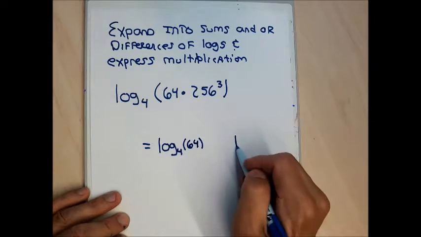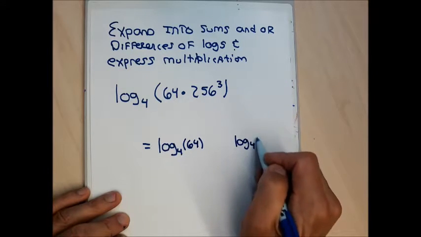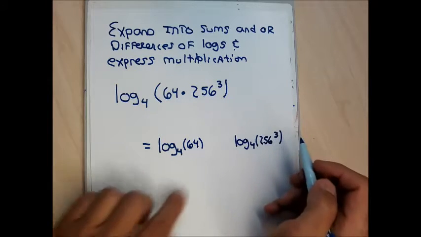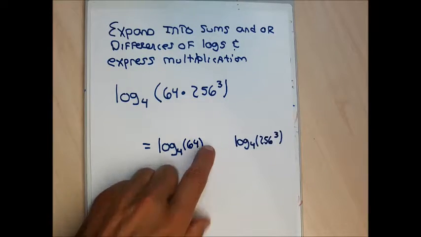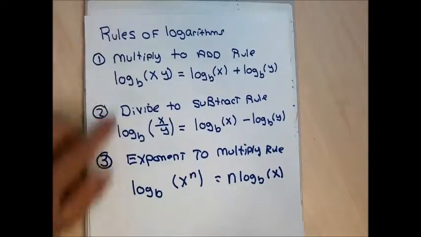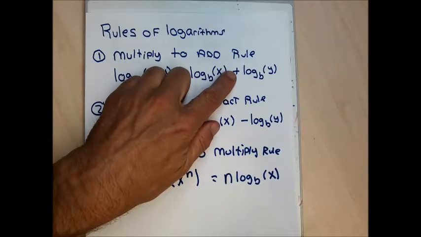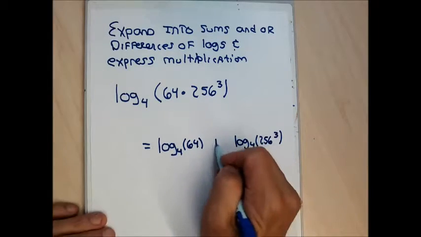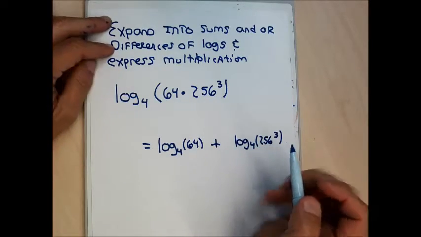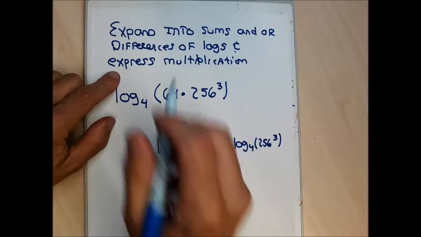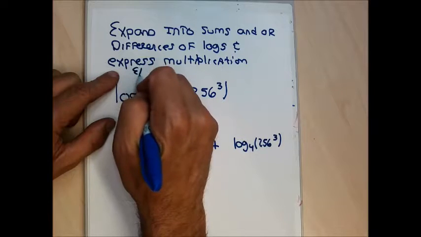I need a second logarithm, base 4 for the 256 cubed. I have to decide whether I put a plus or minus sign between the logs, and this one doesn't have a division, so it's just using the multiply to add rule. The sign that's going to go between these is a plus. So I've expanded into sums and differences of logs. I expanded this into a sum of logs, and now I need to express exponents as multiplication.